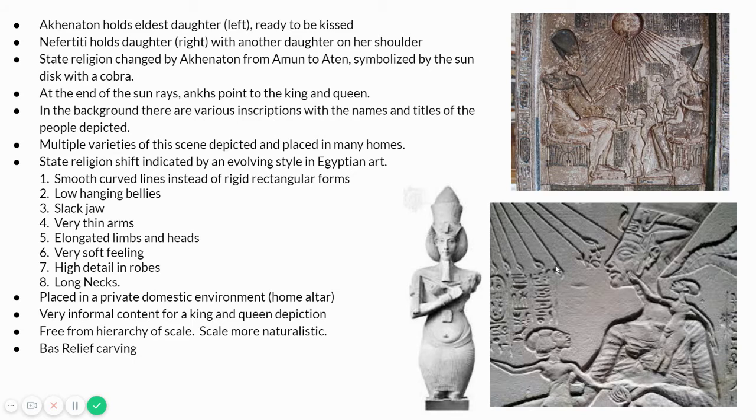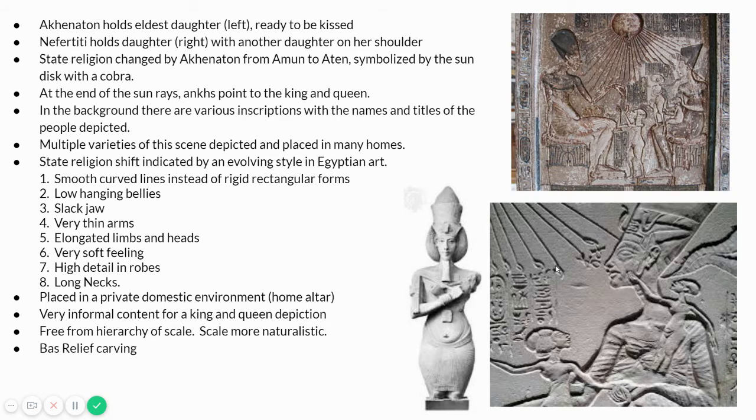And what we started to see here in terms of form, we have really smooth, curvy lines instead of very rigid, rectangular, and angular lines. If you think about the Egyptian figures prior to Akhenaten, they're very rigid. They're very triangular. You know, you have the broad shoulder, the narrow waist, the straight legs.